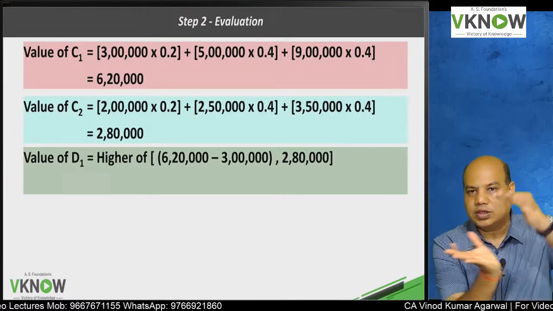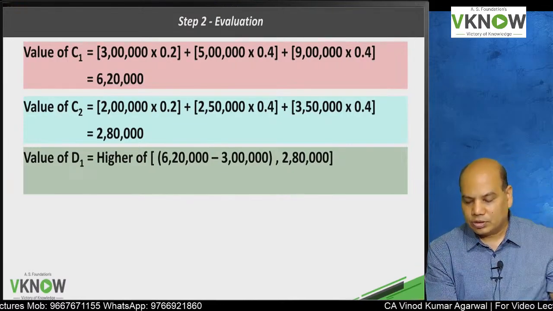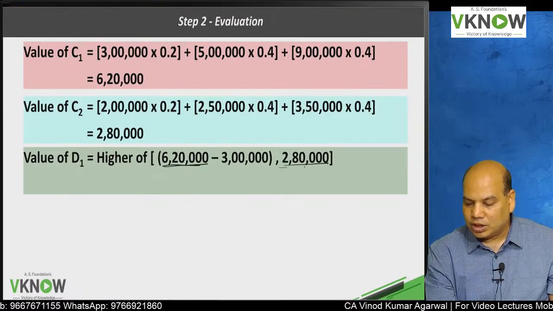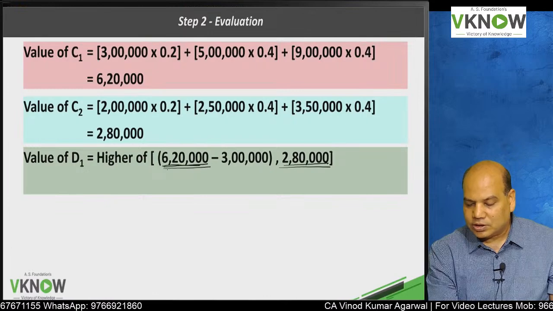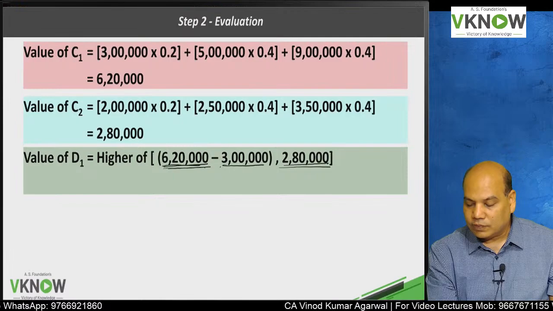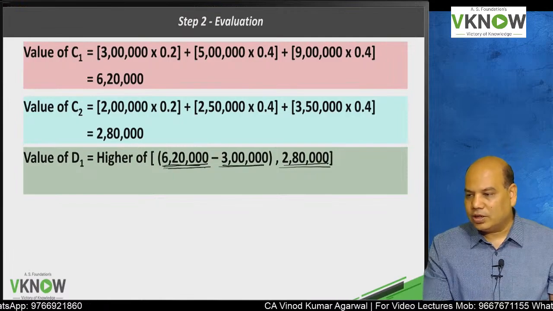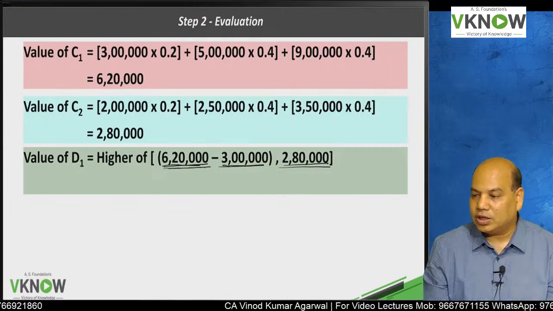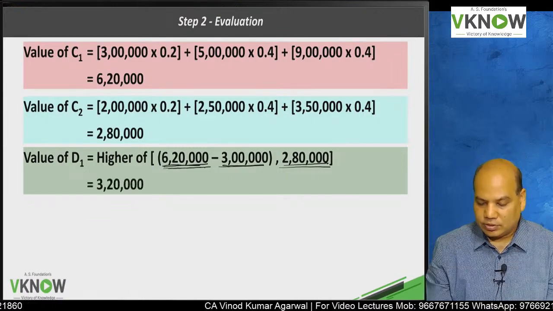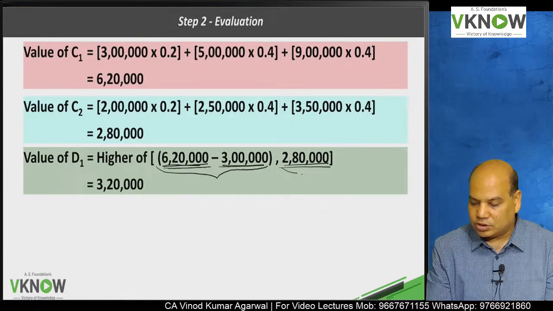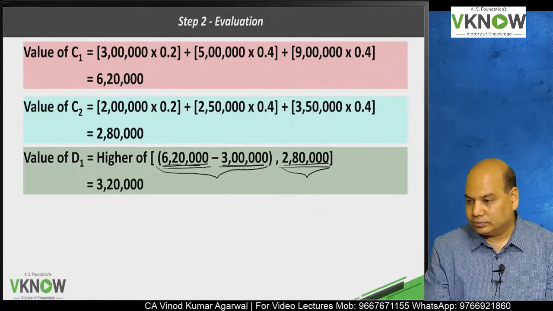There are two branches emerging from D1. One gives me 6,20,000, one gives me 2,80,000, but 6,20,000 is before deducting the cost of expansion, so I will deduct 3 lakh rupees also. After deducting 3 lakh from 6,20,000, then I will compare. This is 3,20,000, this is 2,80,000.